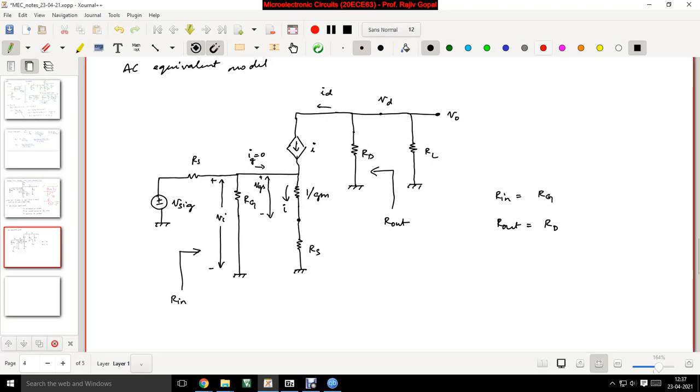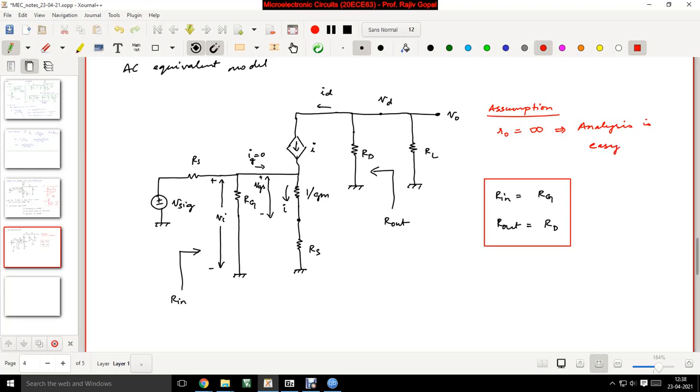One assumption I make here is R naught to be infinite, not 0. Okay, this is to make the analysis easy. If I want to draw that R naught, it will come like this across the current source.